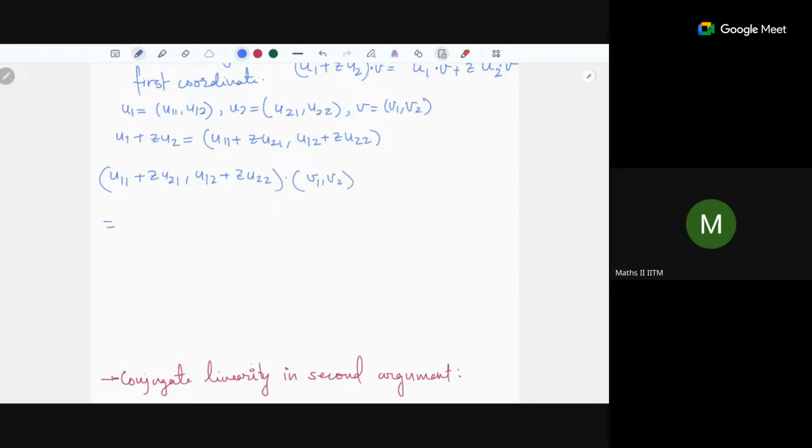If you do that, by definition it will be (u11 plus z u21) v1 bar plus (u12 plus z u22) v2 bar. Then there is a plus in between, z u12 plus, right, there's a plus, and then u11 v1 bar plus u12 v2 bar.